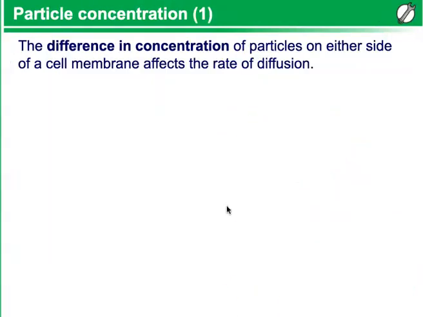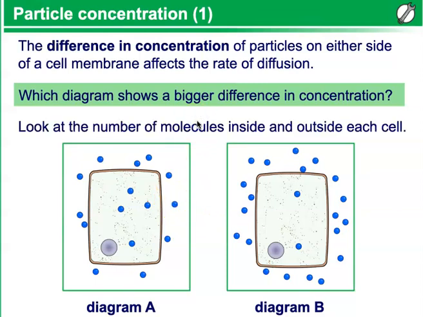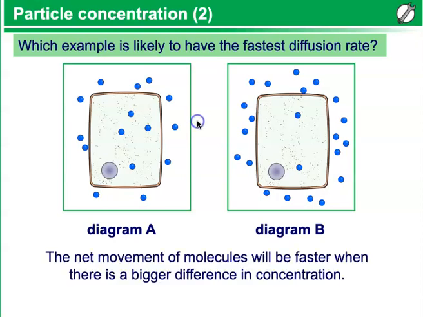Particle concentration. The difference in concentration of particles on either side of a cell membrane affects the rate of diffusion. So which diagram shows a bigger difference in concentration? Look at the number of molecules inside and outside of each cell. So which example is likely to have the fastest diffusion rate?